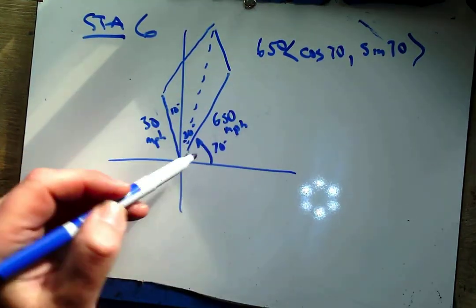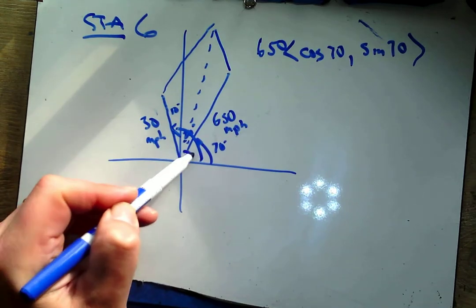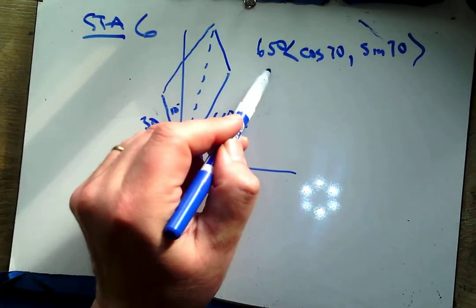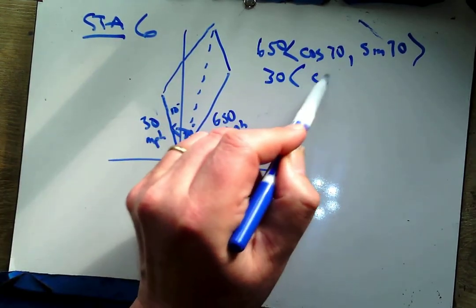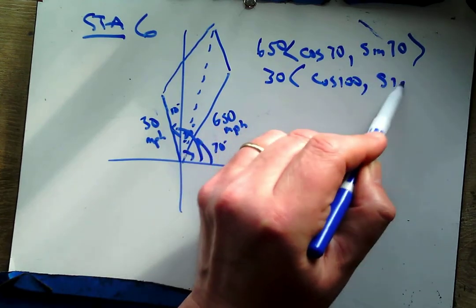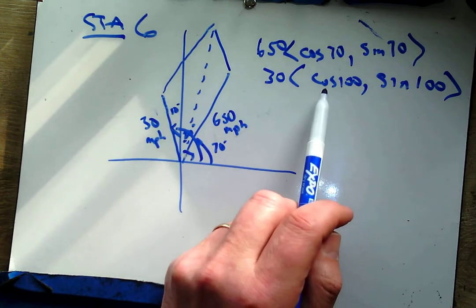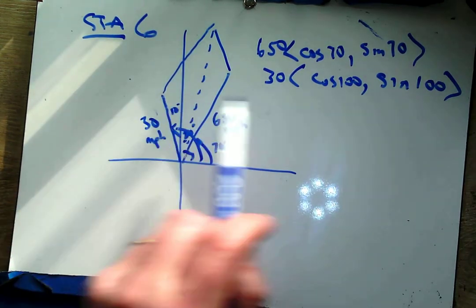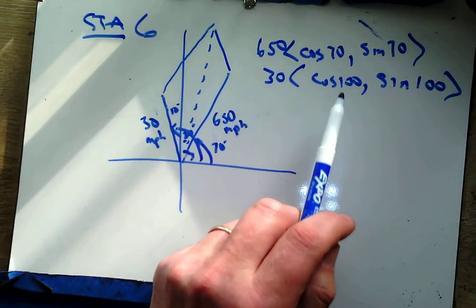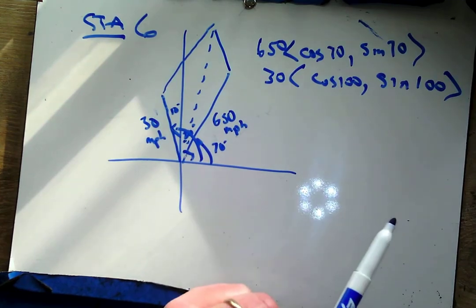That's better, because the angle to the wind is 90 plus 10, or 100. So cosine 100, sine 100. All right, remember, past here, cosine is going to be negative. So don't be surprised when that's a negative number.